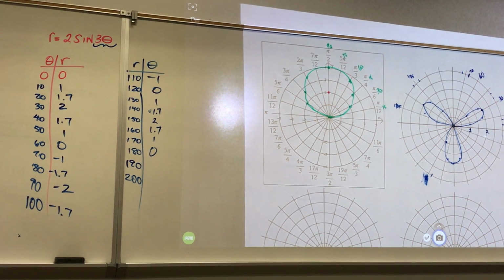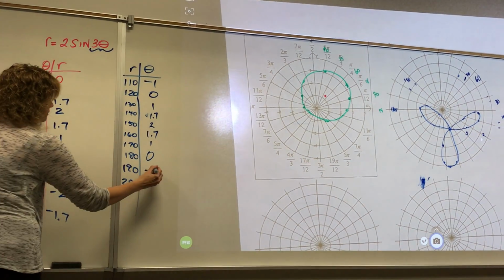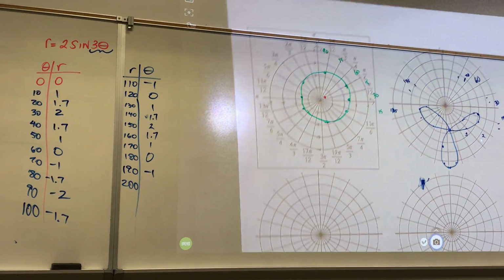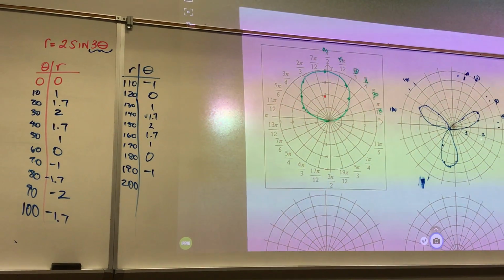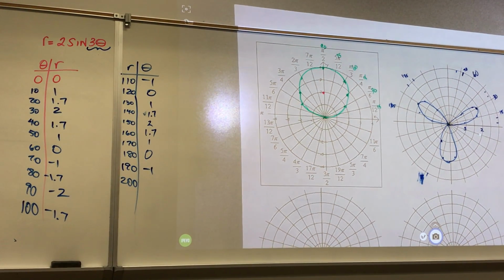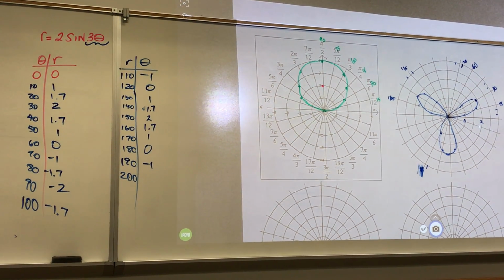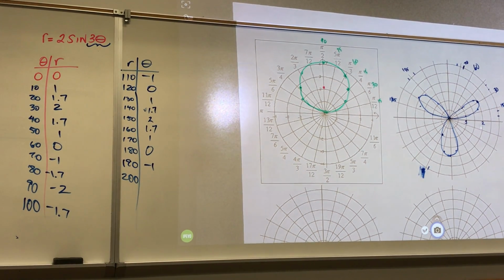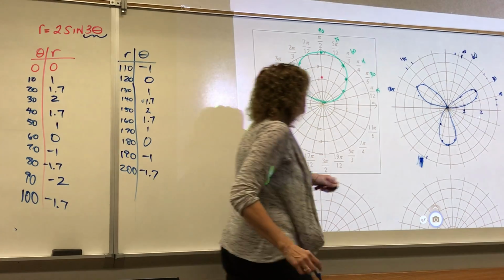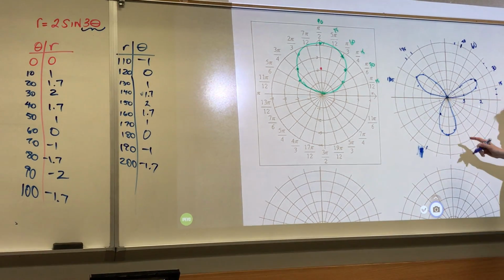Negative 1 is 190. Did you get negative 1.7 here? Mm-hmm. Okay, so where are we at?